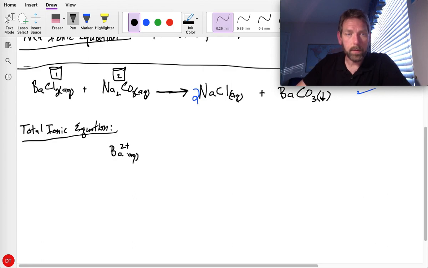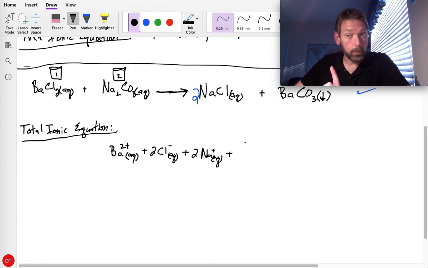So it's an aqueous form. And then that's 2Cl minus, and that's an aqueous form. Plus, there's these 2 sodiums, 2Na plus, aqueous. It is a lot of work, but you have to do all this.